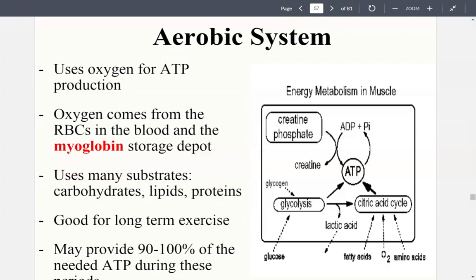You're out. You're done. Oxygen stores are depleted. You have depleted your CRP and anaerobic respiration system, and you're going to be struggling with what little your lungs are bringing in because they are not used to it.